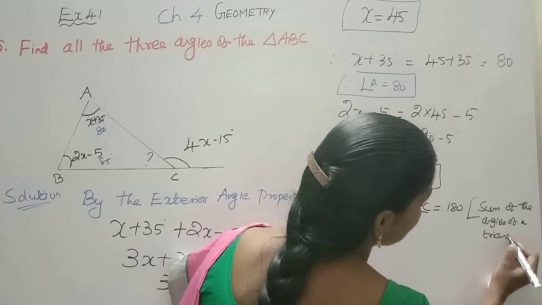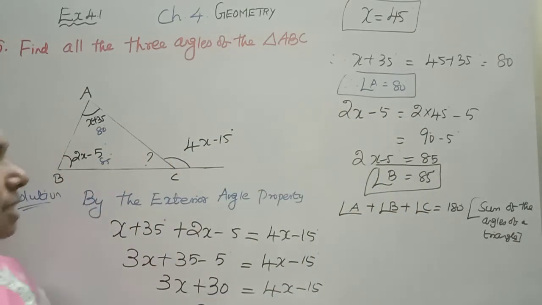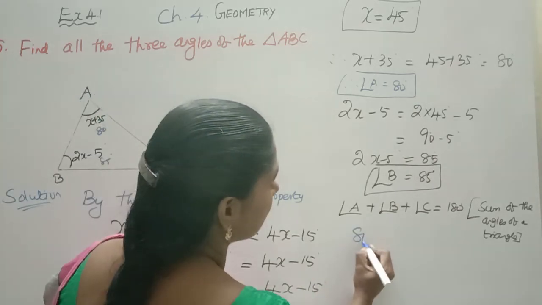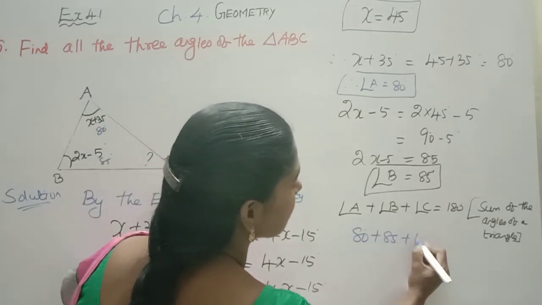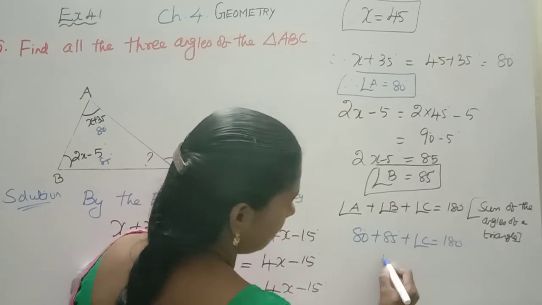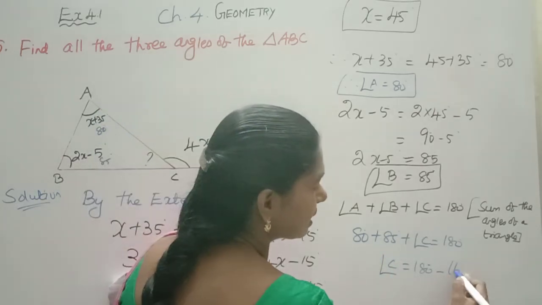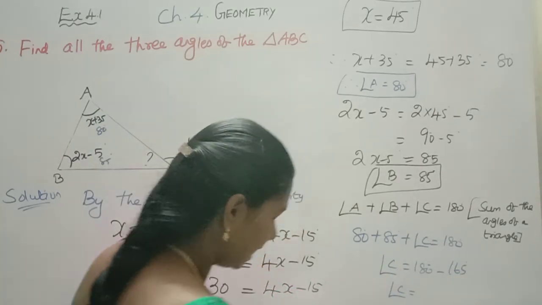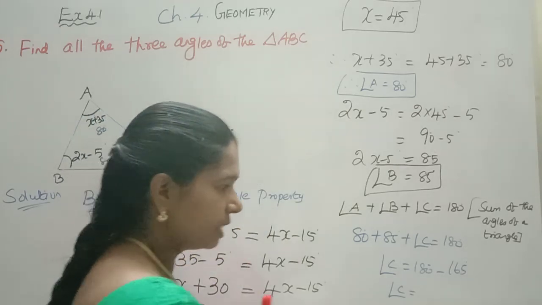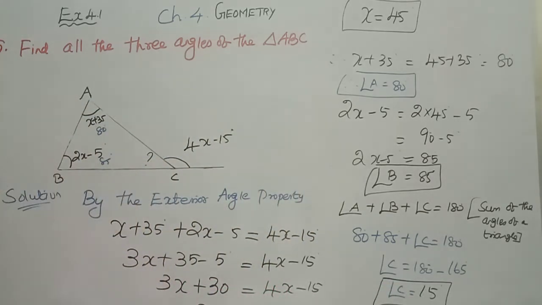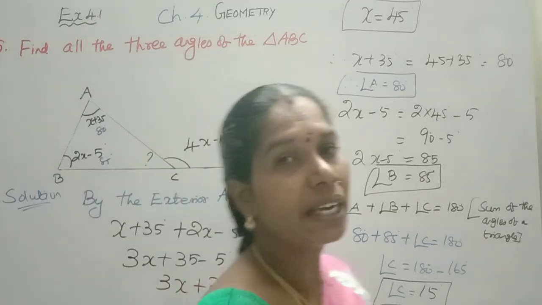So 80 plus 85 plus angle C equal to 180, meaning angle C equals 180 minus 165, which is 15 degrees. That's the answer, because they are asking to find all the angles of the triangle. So the answers are 80, 85, 15.